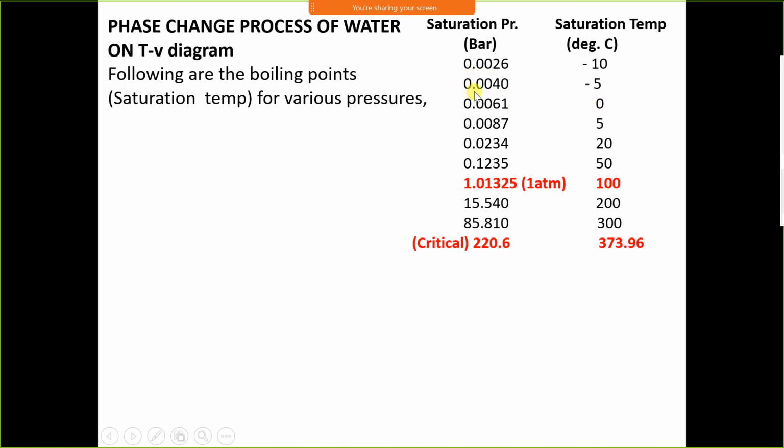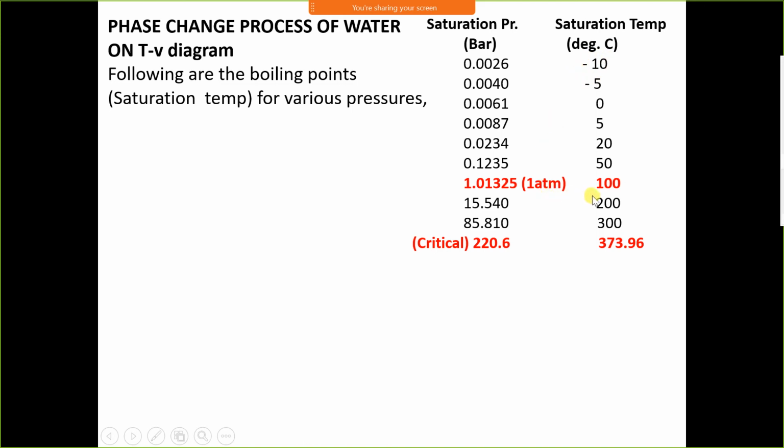If we reduce the pressure to 0.0040 bar, water will start boiling at minus 5 degrees Celsius. If we decrease the pressure to 0.0026 bar, water will start boiling at minus 10 degrees Celsius.